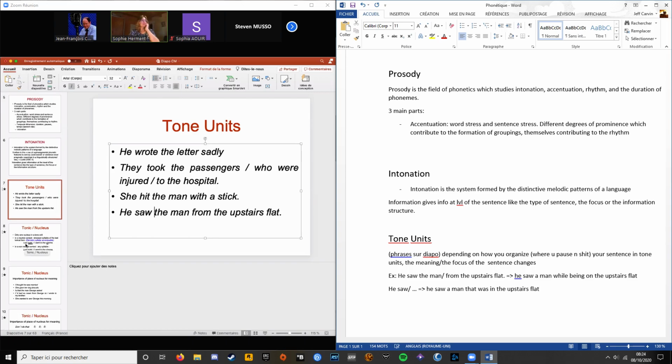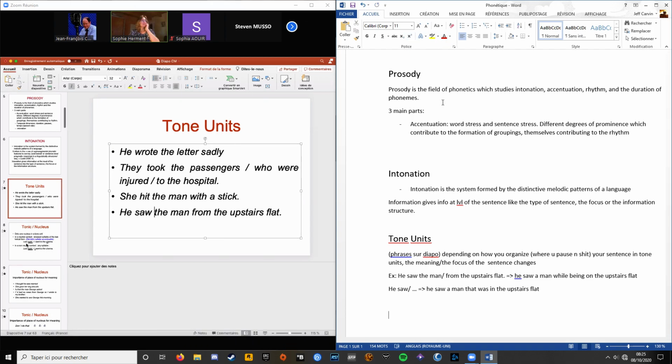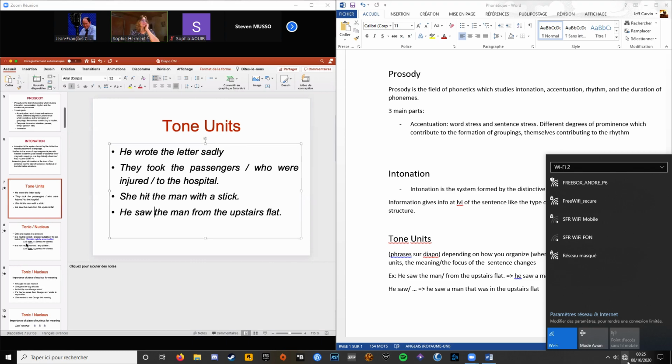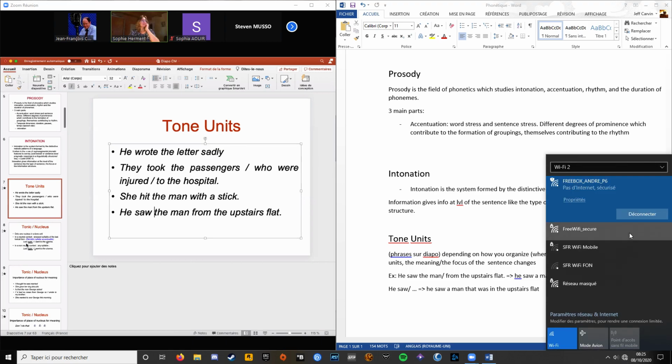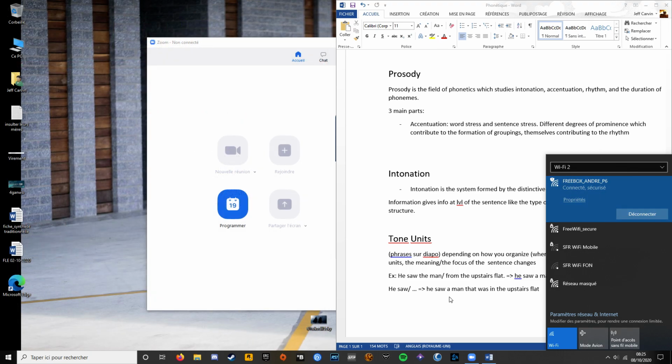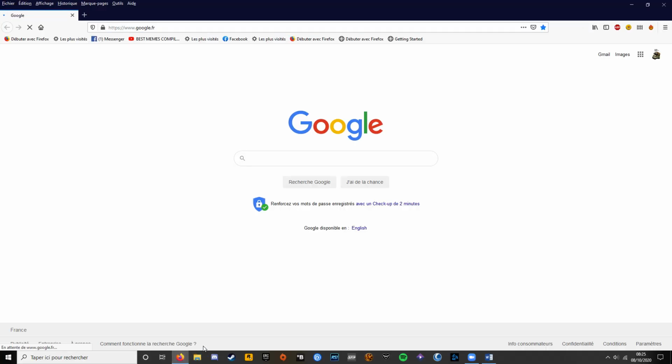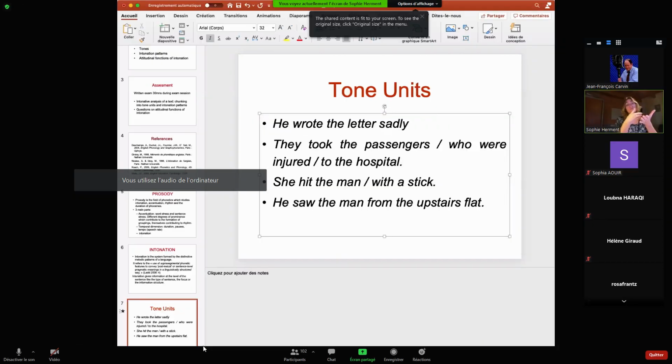Now, maybe, so this was tone. One interpretation for every... tone units according to the context.